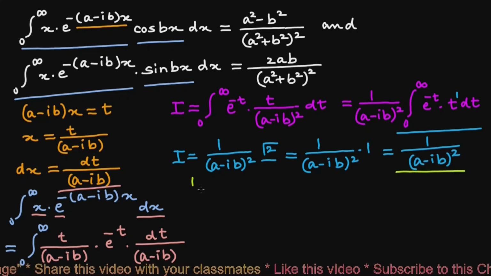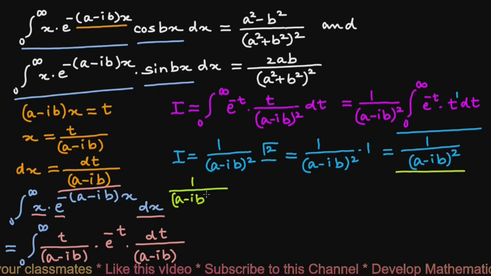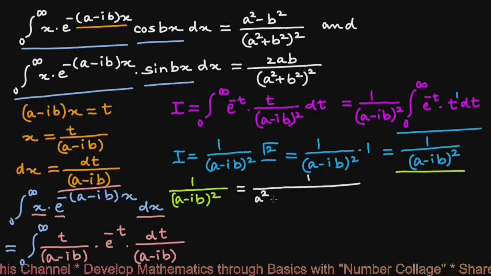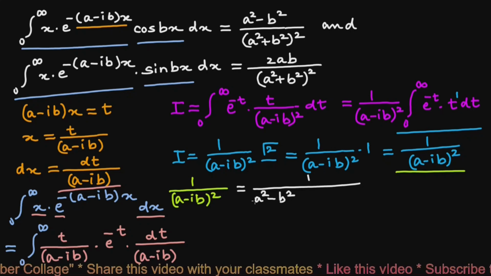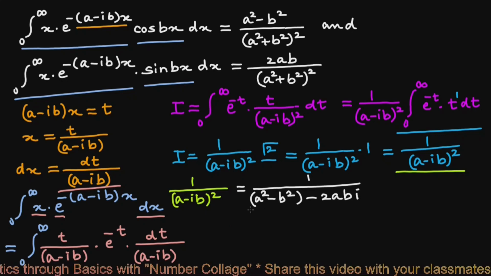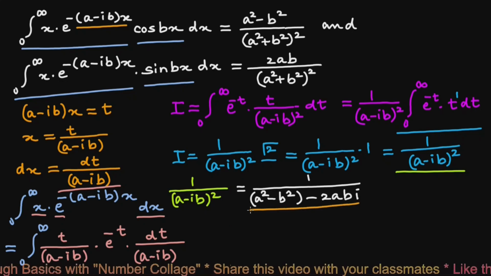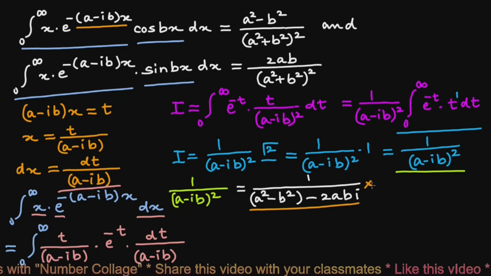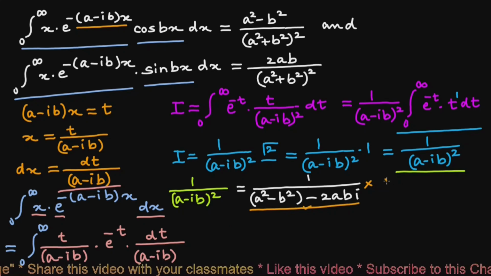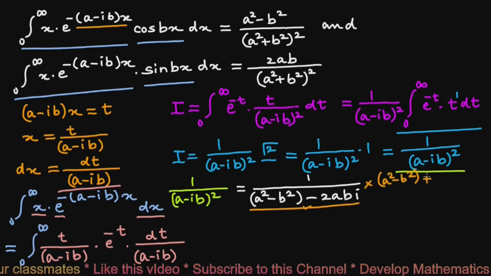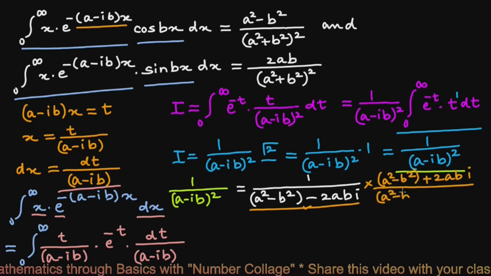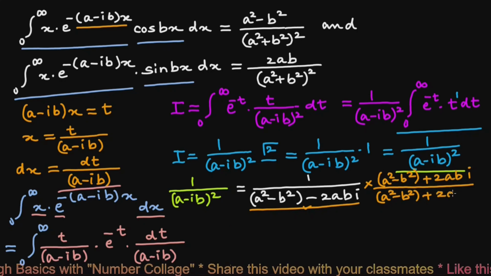Now this 1 upon (a minus ib) whole square will be 1 upon a square plus i square b square, which will be minus b square, i square is minus 1, minus 2abi. Now for rationalization of this denominator, we will multiply numerator and denominator by the conjugate of this denominator, which will be a square minus b square plus 2abi upon a square minus b square plus 2abi.